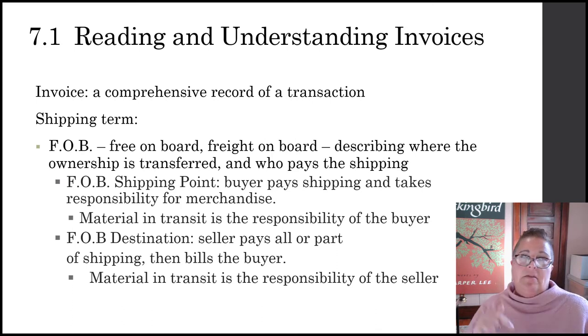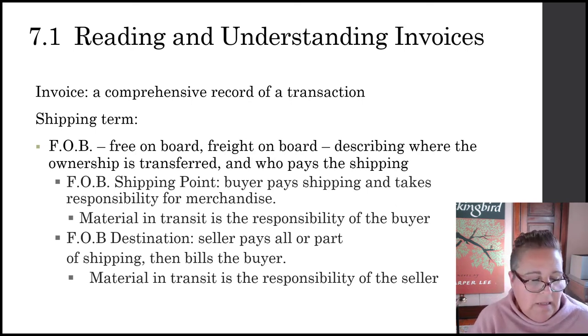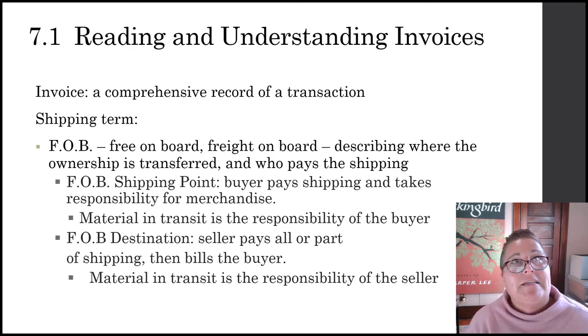The material that is in transit is then the responsibility of the buyer. I'm trying to figure out how to explain this in a better way. You know how, like, if Amazon ships something to you and it gets lost, they just send you another thing and you don't worry about paying shipping? Yeah, that would not be the case here.